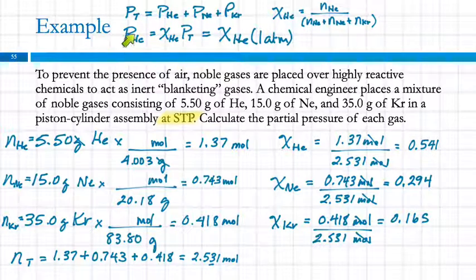To calculate the pressure, I take the mole fraction times 1. So this is super challenging, right? Get out your heavy-duty calculators. 0.541 times 1 atmosphere. I think that's 0.541 atmospheres. I know.